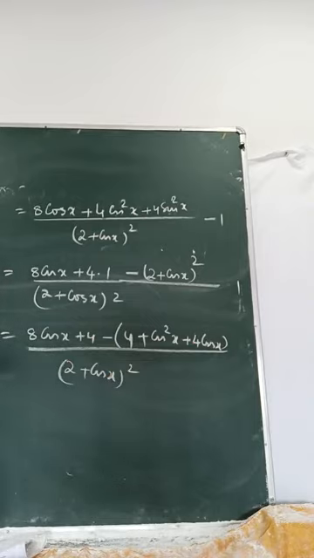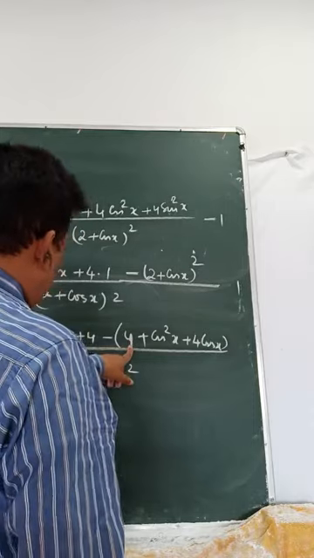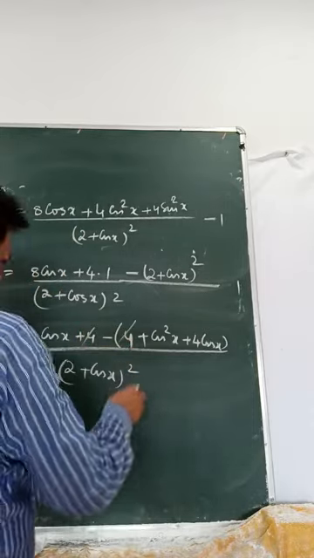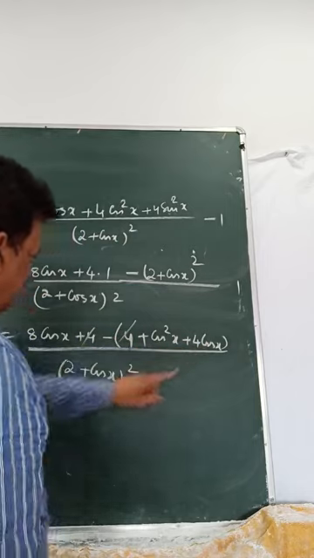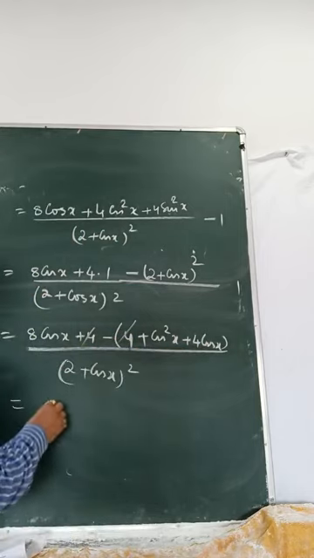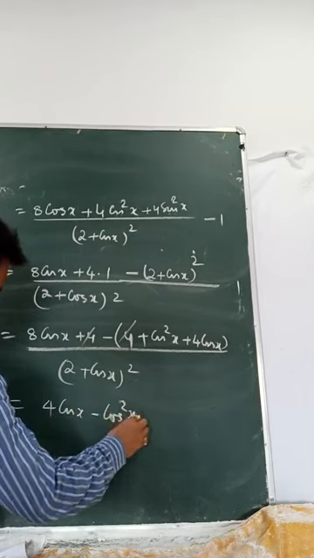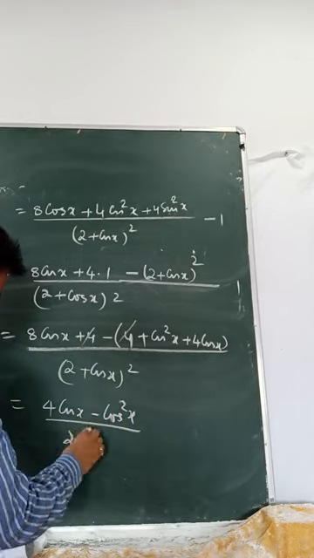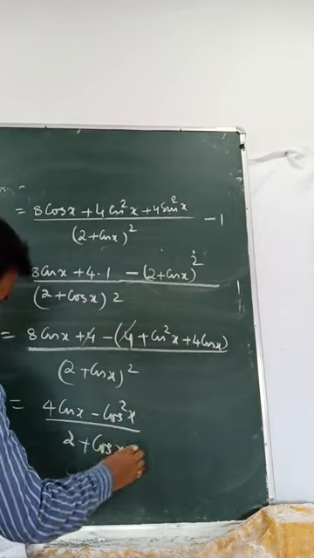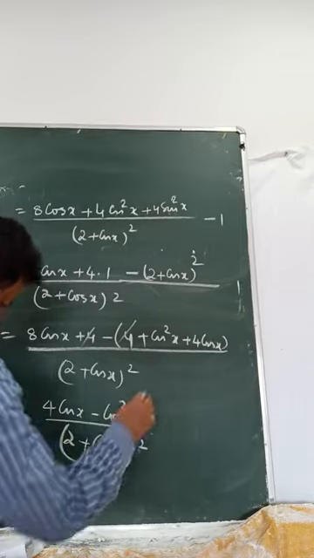Okay. Now this 4 gets cancelled. 8 cos x minus 4 cos x is 4 cos x, minus cos square x, by 2 plus cos x whole square.